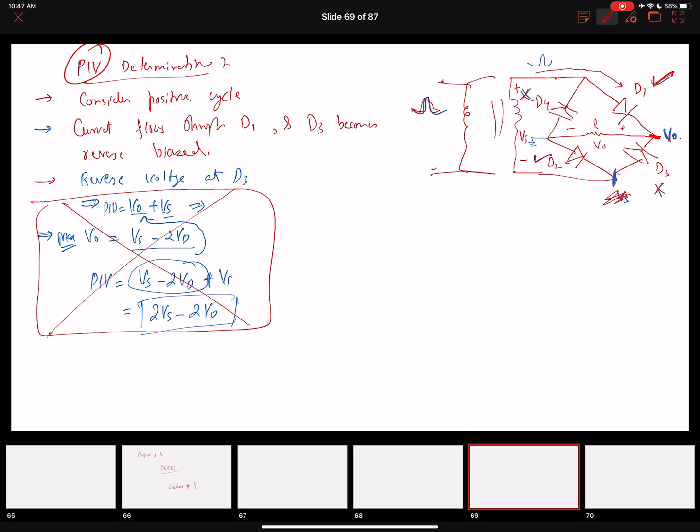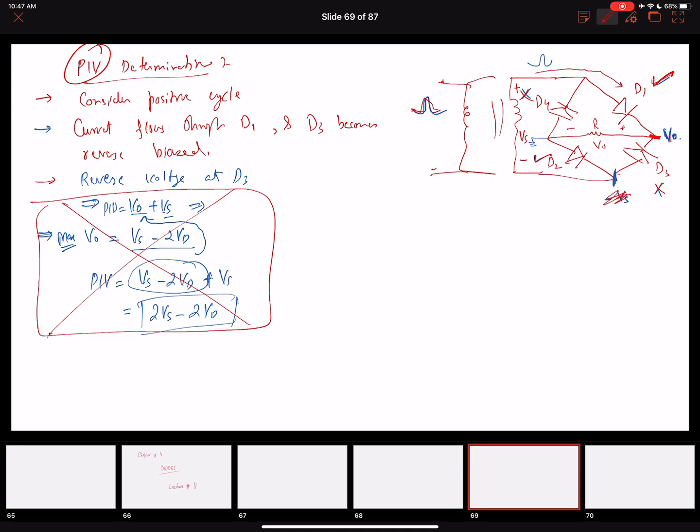So the current is going to flow through D1, then through D2, and then back to the transformer, and D3 will be reverse biased. We are interested in finding the maximum inverse voltage that can appear across D3.